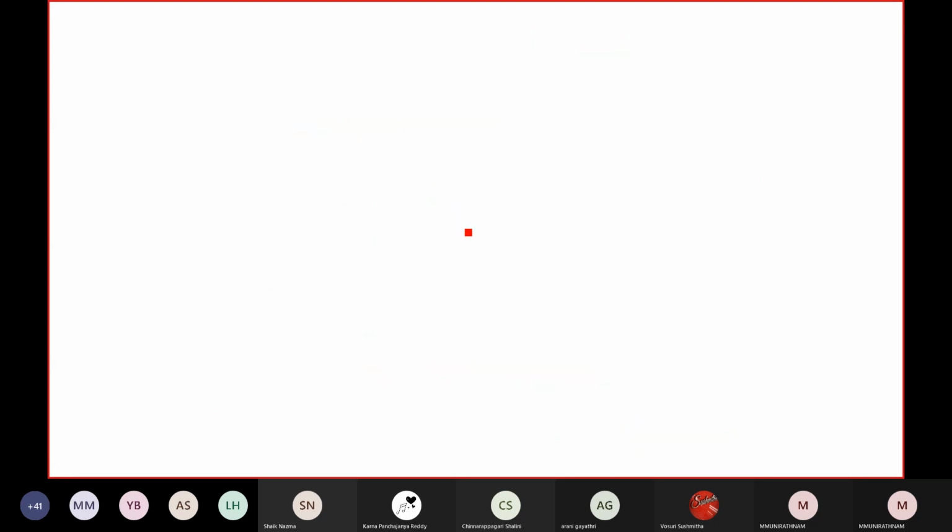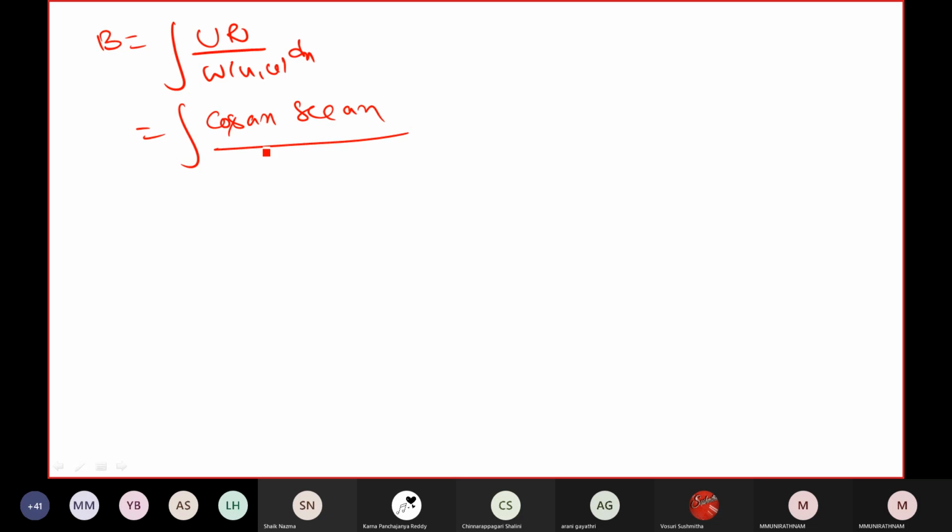What is B? Anyone? What is B? The integral of U into R by the Wronskian. What is U? Cos ax. What is R? Secant ax by a. Cos into secant is 1, right? So it is x. So A and B we got. Step 5: what is step 5?